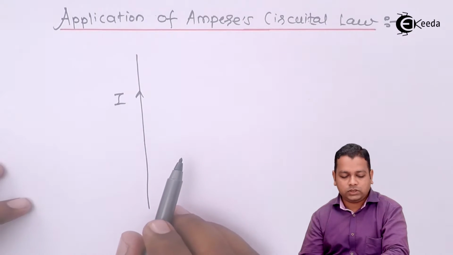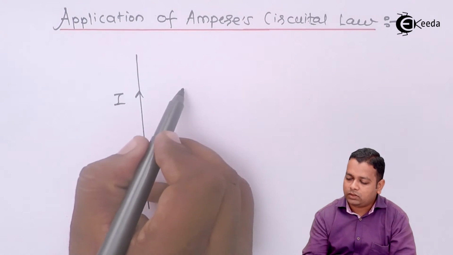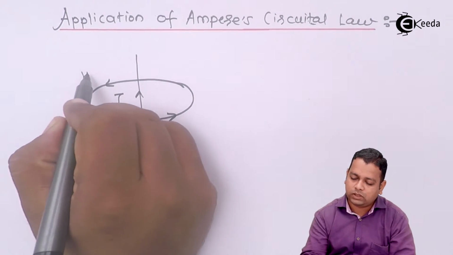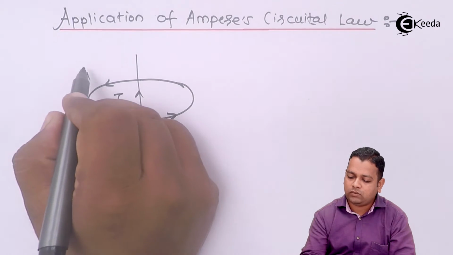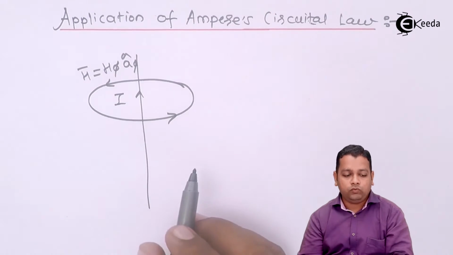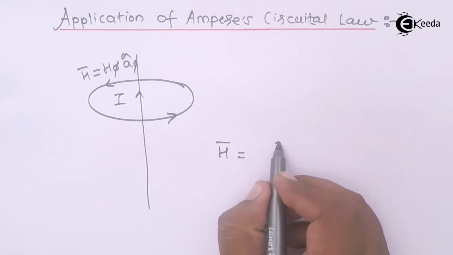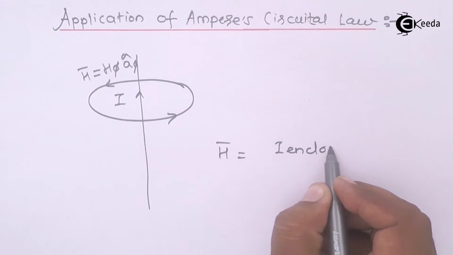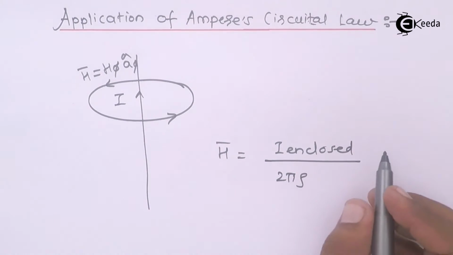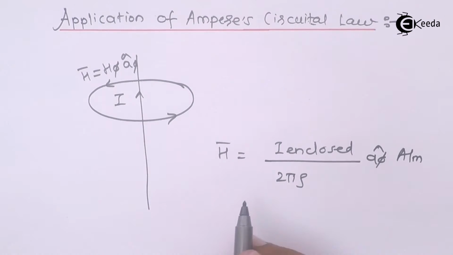For that purpose, if we are going to derive, we can have a simple expression, the surrounding closed path in which the magnetic field intensity we can represent H bar equals H phi a phi cap. We obtain the expression H bar will be equal to I enclosed upon 2 pi rho a phi cap, given in amperes per meter.